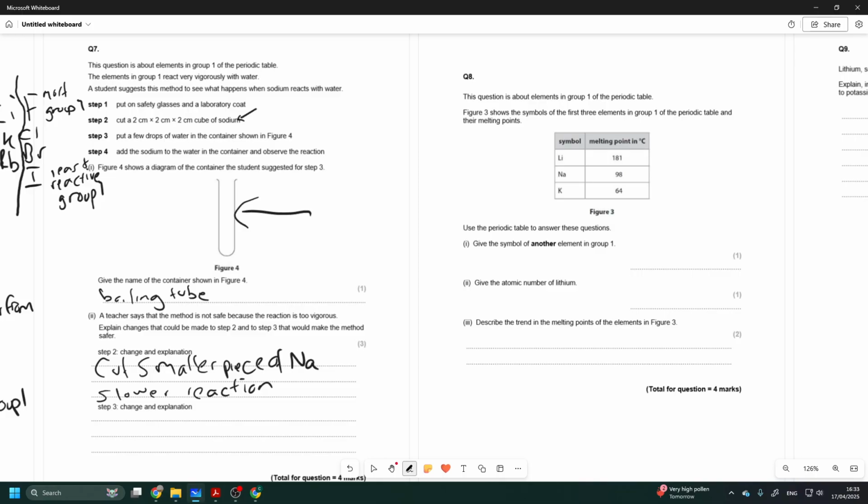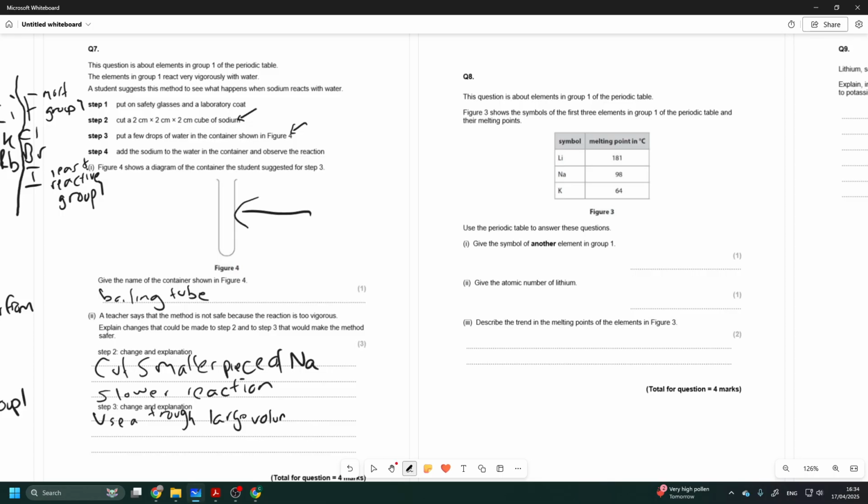Now, for step 3, put a few drops of water. You may or may not remember me doing this, but I put a considerable amount of water in a container. So I wouldn't use a boiling tube because there's not enough water in there. I would use a trough with a large volume of water.